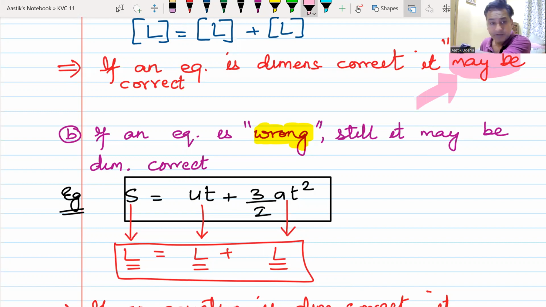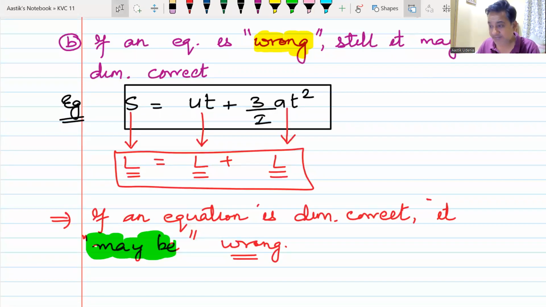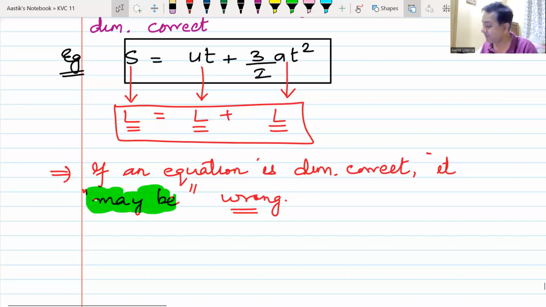The first pink one: if the equation is dimensionally correct, it may be correct. The second, the original green Hulk: it may be wrong. And this is the example for this. Do we understand this? Now, if I combine 1 with 2, I can write one statement. Can you tell me what that statement would be? What will be the combined statement?